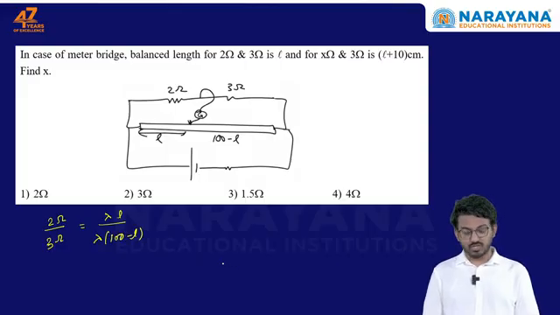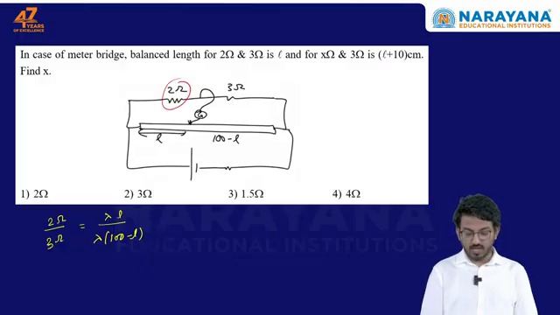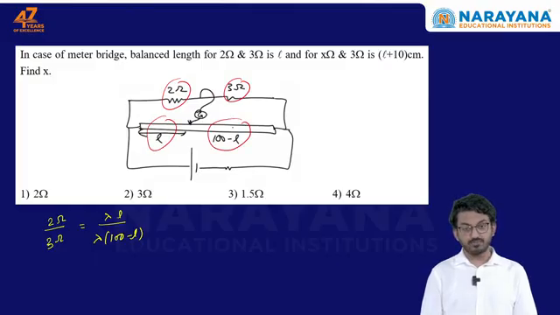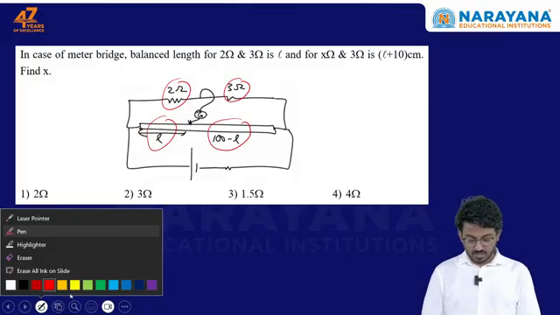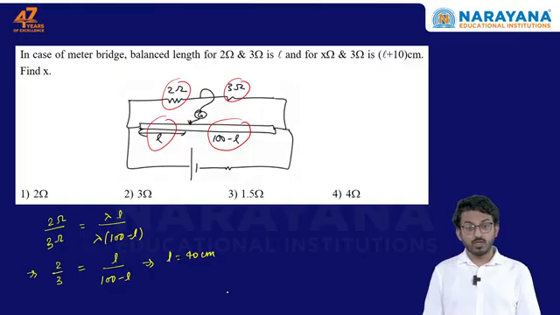So the ratio of resistance here and here is supposed to be equal to the ratio of resistance here and here. So if we solve this, we get 2 by 3 is equal to L over (100 minus L). This will give us L is equal to 40 centimeter.